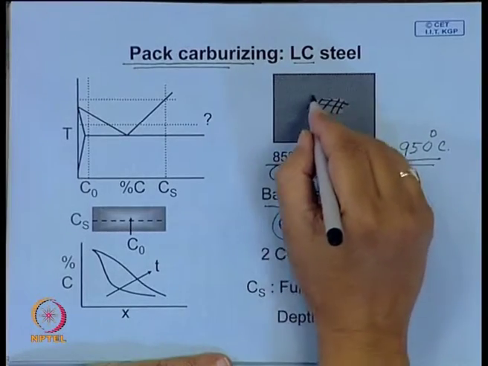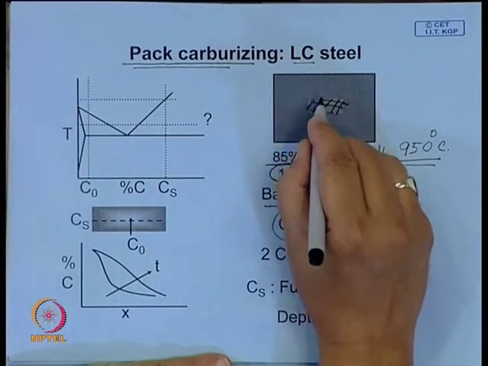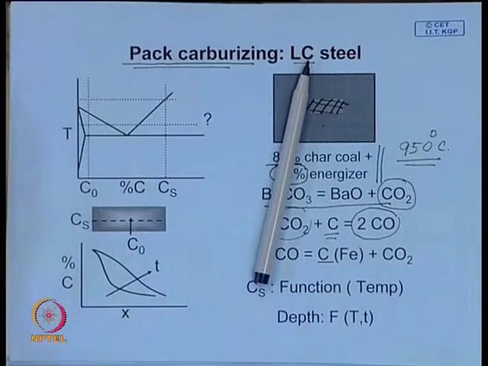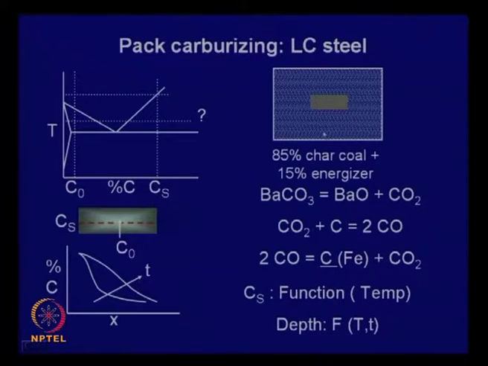So, surrounding this particular job, you will have a gaseous environment which will consist primarily of CO and CO2, and the CO, in the presence of steel at the surface, decomposes.